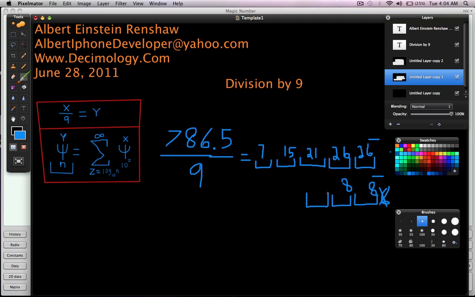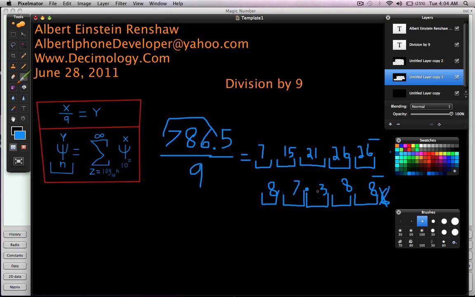So 21 plus 2 is 23. And then we have to carry this 2 over to the 15 right here. So 2 plus 15 is 17. And then we have to carry this 1 over to the 7. So 1 plus 7 is 8. We have a 3-digit before the decimal, right? So there's only going to be 2 digits before the decimal here.